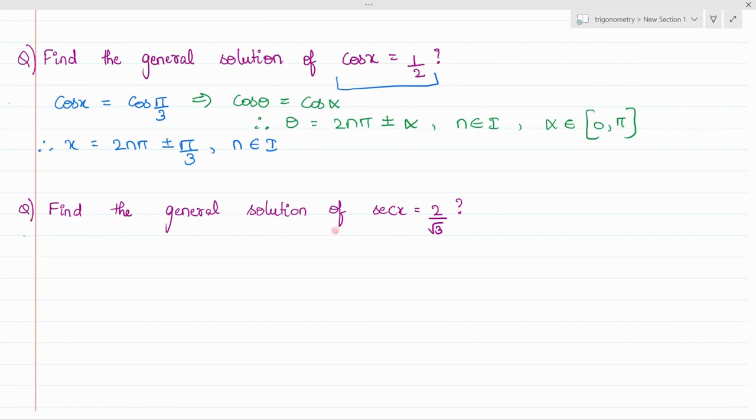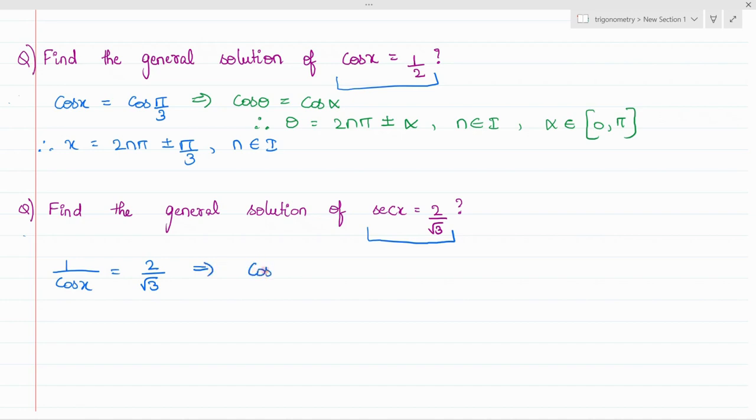Here we need to find the general solution of secant x is equal to 2 by root 3. We didn't discuss the secant x general solution, but how do we find it here? We know the relation between secant x and cos x, right? We can write it as 1 by cos x is equal to 2 by root 3. Isn't it correct? Yes.